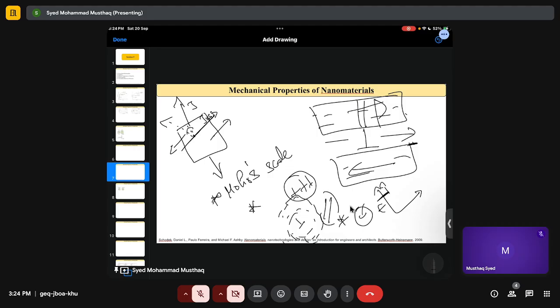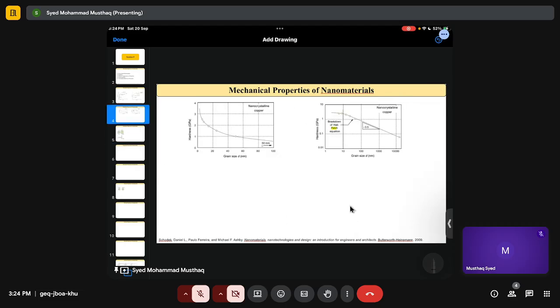Now, that is about the mechanical properties, and because of this, you will have the inverse Hall-Petch correlation, where after some point, here you can see, hardness will keep on increasing, right? It will increase, and then after you reach the nano range, it will go down, right?